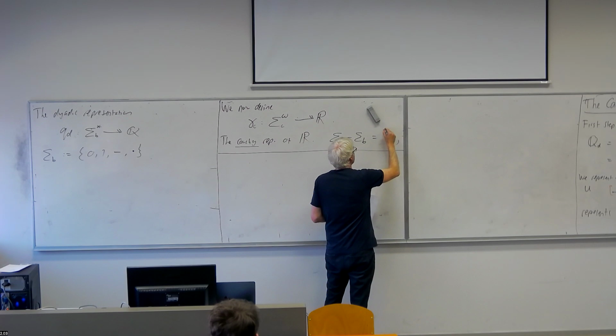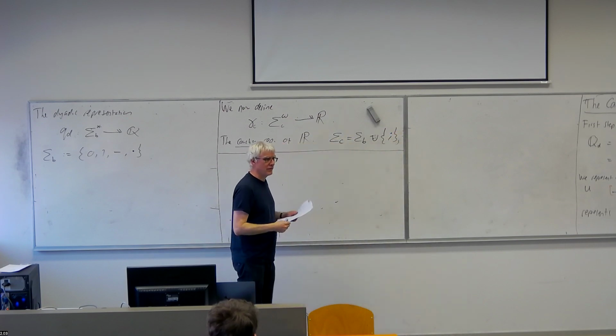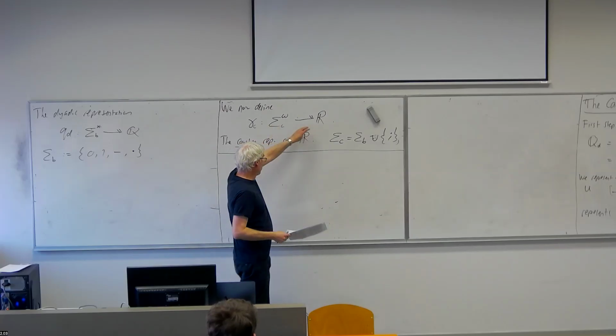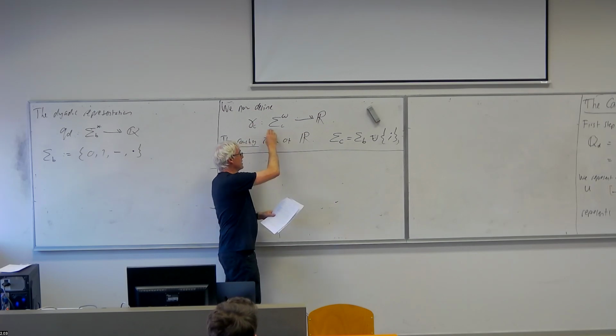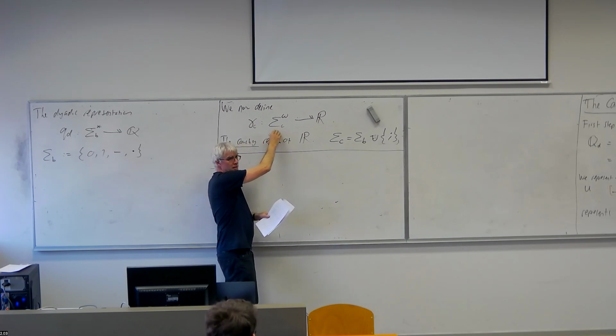We give ourselves another separator, so we also add semicolon as another symbol, which we're going to use as a further separator. And so this wants to be a partial function, a surjective partial function onto the reals. We're going to say what its domain of definition is.